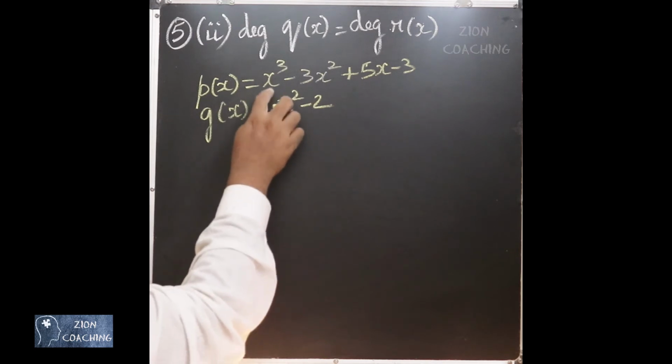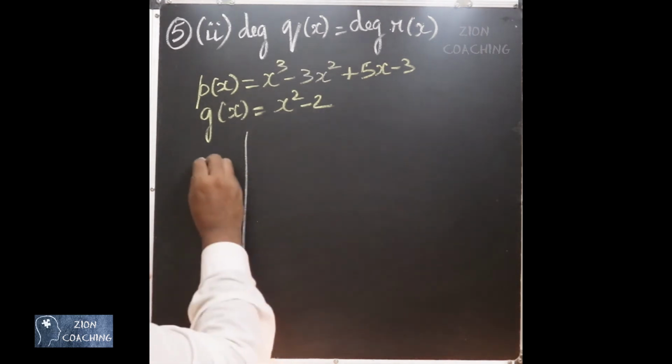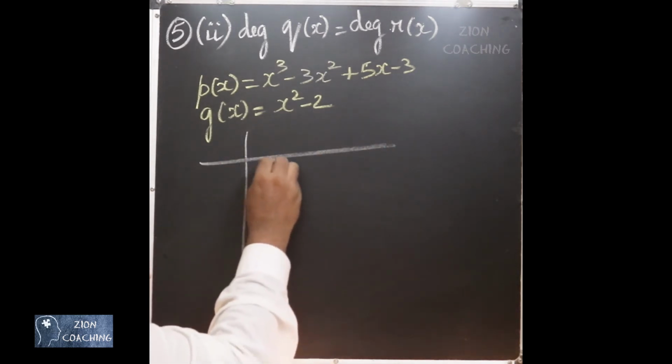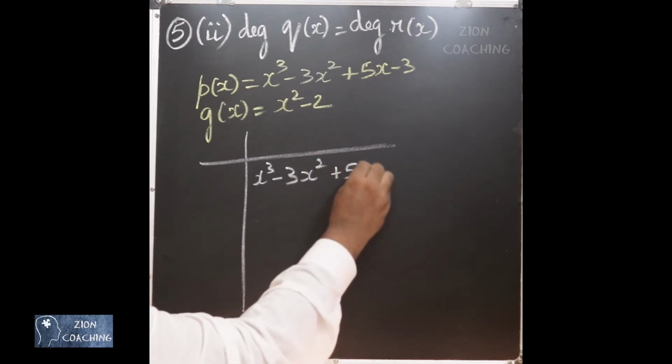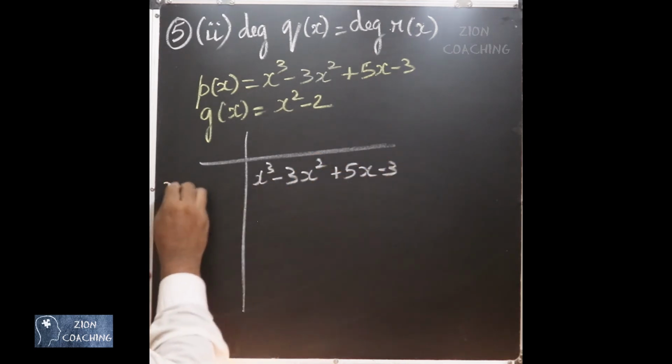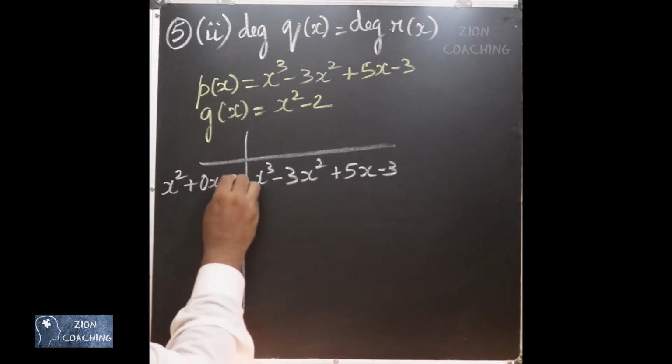I hope you remember, by dividing these two polynomials, we got our r of x. I will divide again and show you. Let me do it fast. x cube minus 3x squared plus 5x minus 3. When you divide it by x squared, we don't have an x term, so I will put 0x, minus 2.